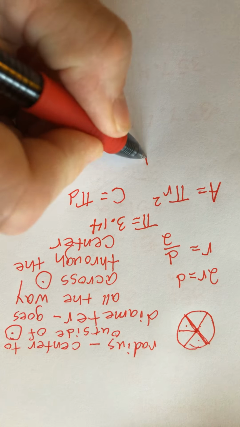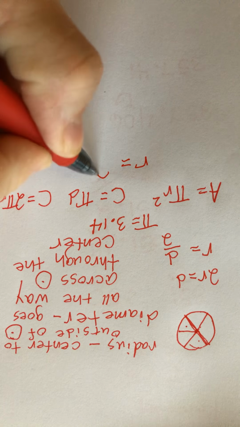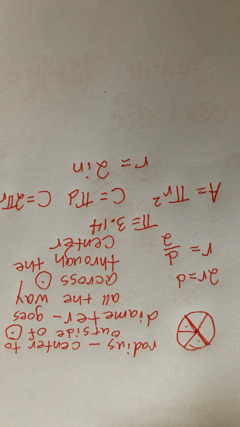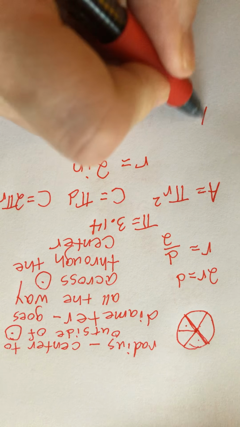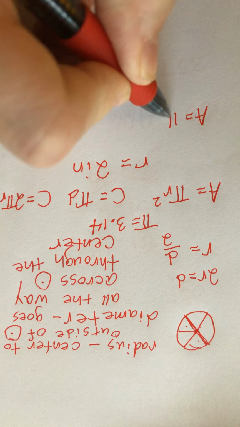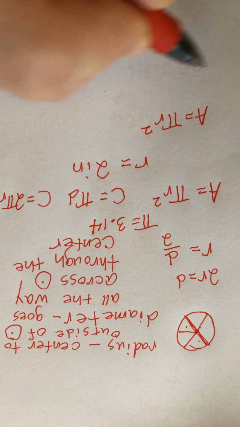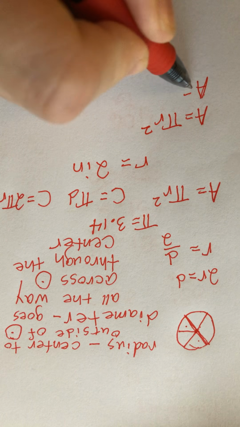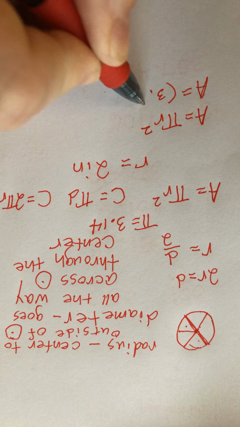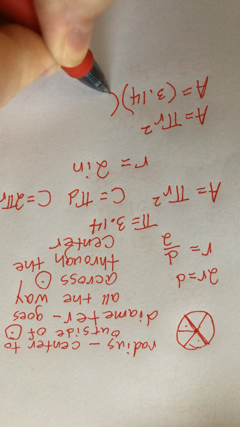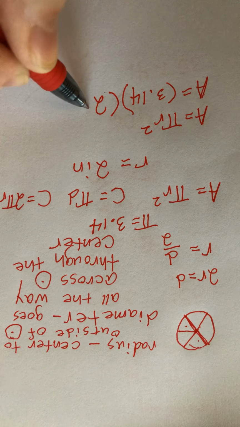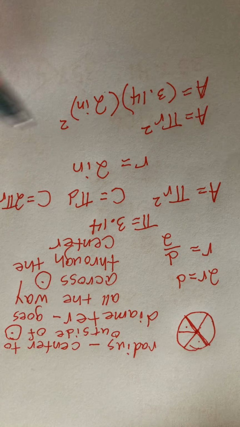So if I say the radius equals 2 inches, then for my area, I'm going to say area equals pi r squared. Write down the formula first, then substitute in. So area equals 3.14 times 2 inches squared.